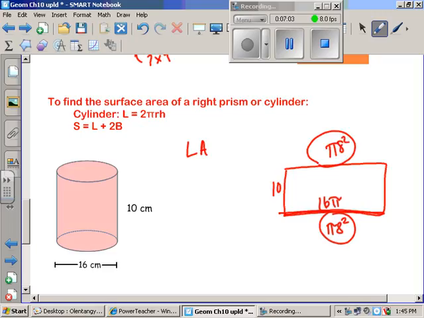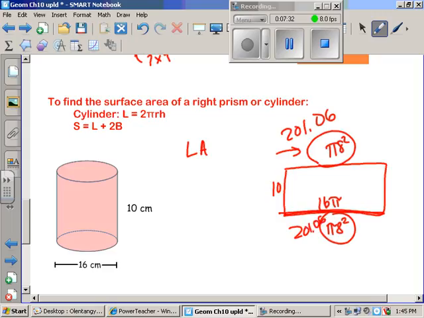Then I just multiply that all together. So I do 64 times pi, and I get 201.06. And same thing over here.